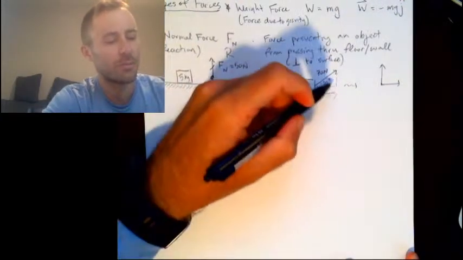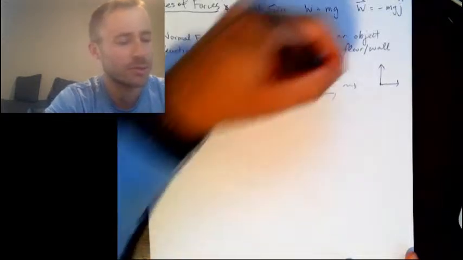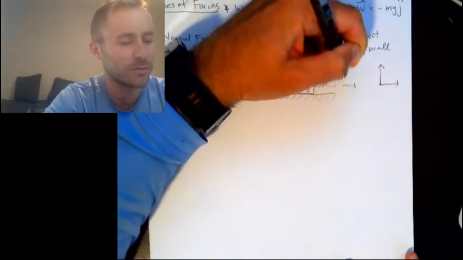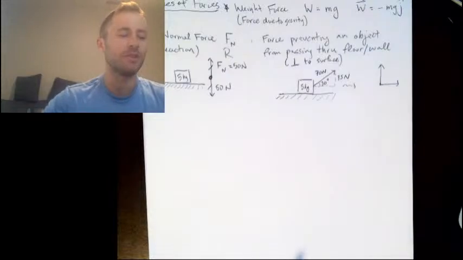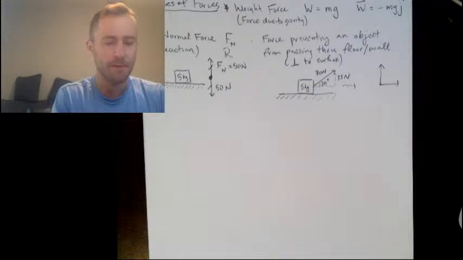So the vertical component of this force would be 70 sine of 30, which is 35 newtons. And the horizontal would be 70 cosine of 30, which is 61 newtons.